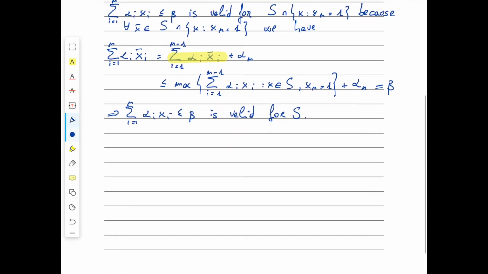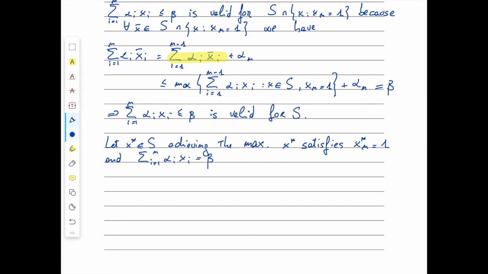Let's write here, let x star in capital S achieving the max, then x star satisfies x star n equal to 1, and we have that the sum for i equal to 1 until n of alpha i xi equal to beta.